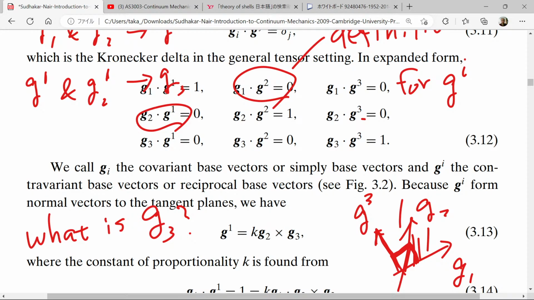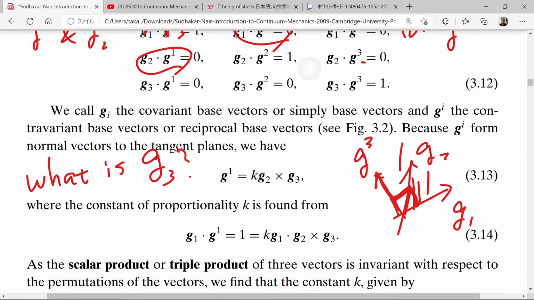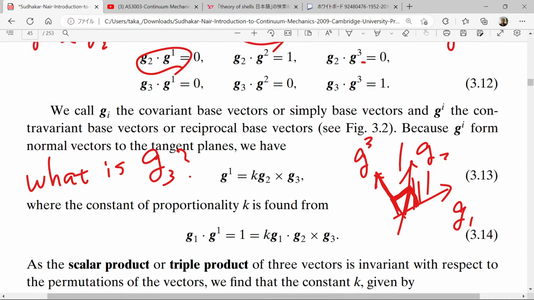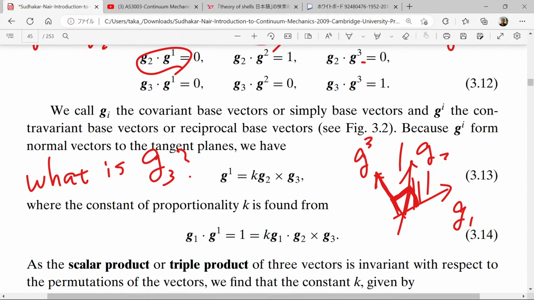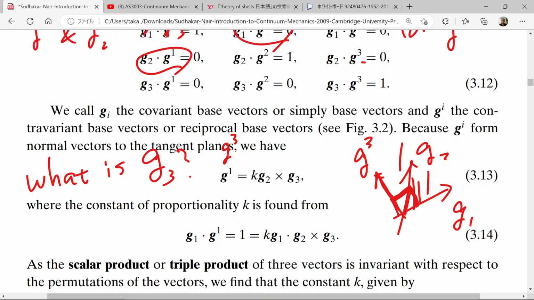We have, this is okay. Here you can change G3 equal k G1 cross G2.